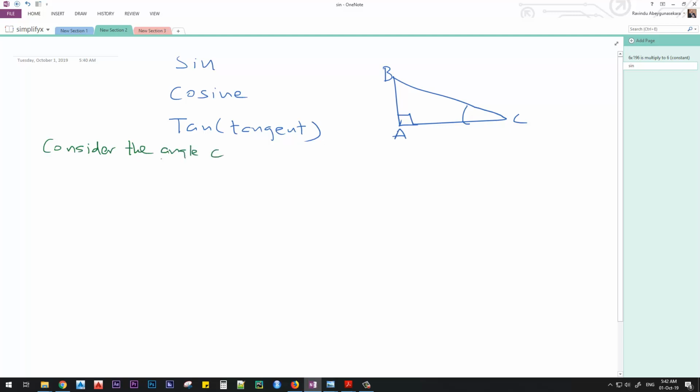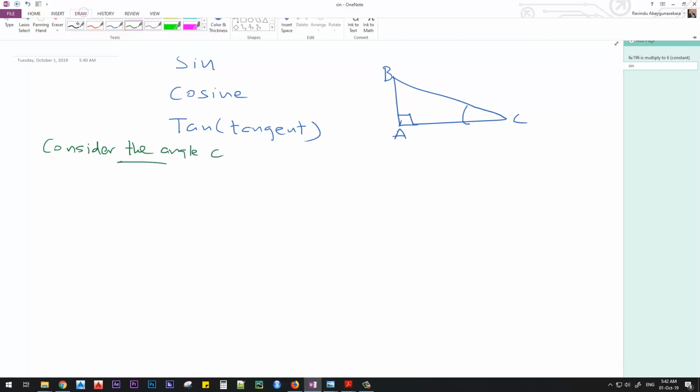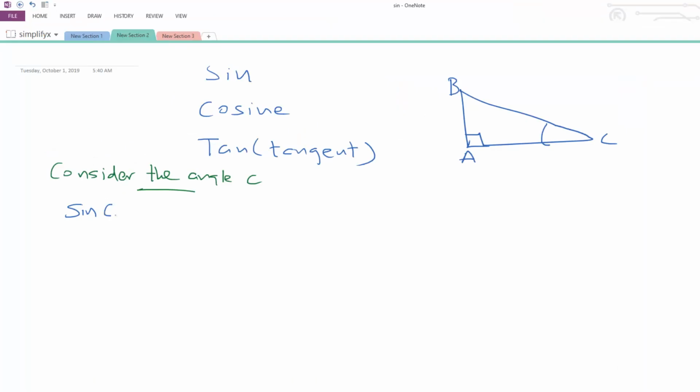the angle C. Okay. Then we define the sine of C as the opposite side divided by the hypotenuse.